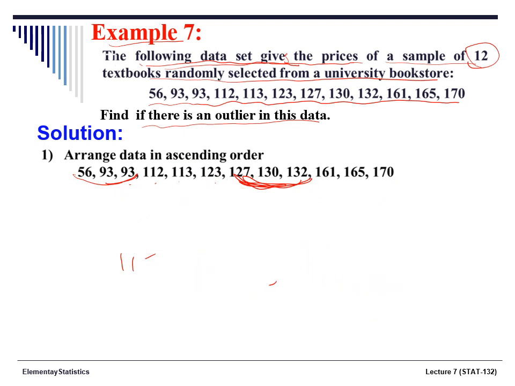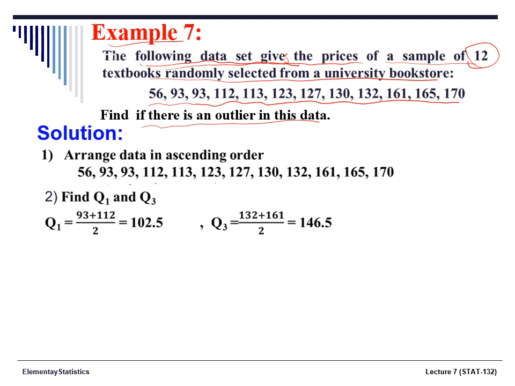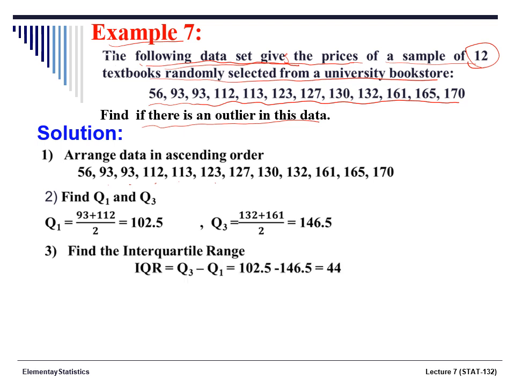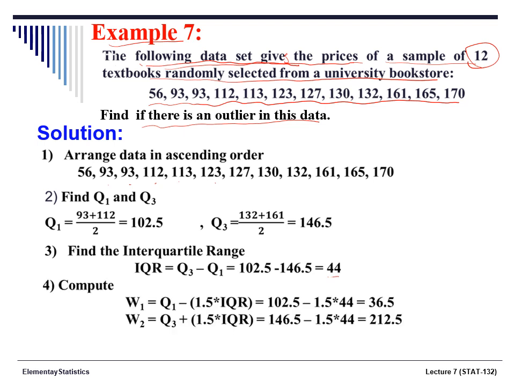Okay, let's see the result. Now Q1 equals 102.5 and Q3 is 146.5. Then we need to find the interquartile range. The interquartile range turns out to be 44. And then we have W1 as Q1 minus 1.5 times IQR.